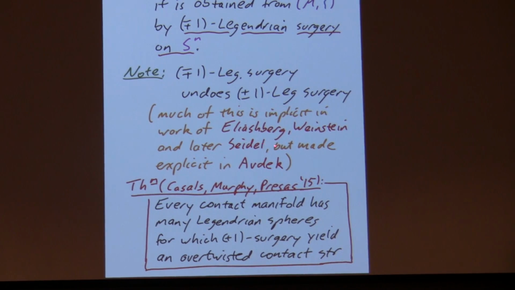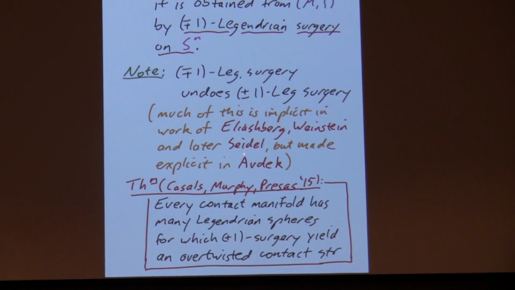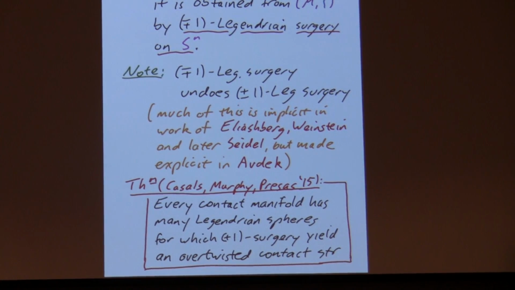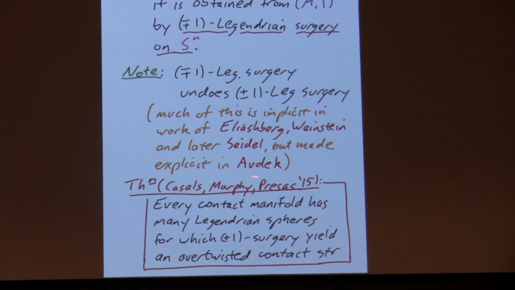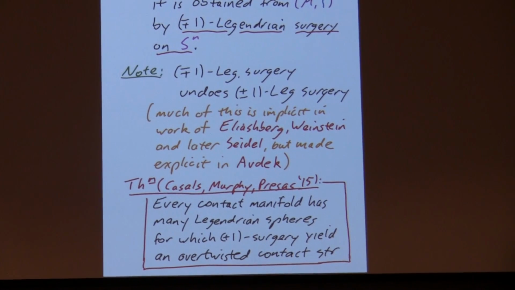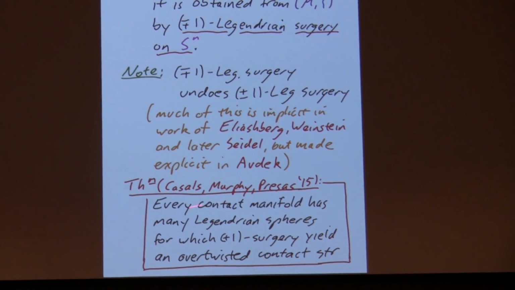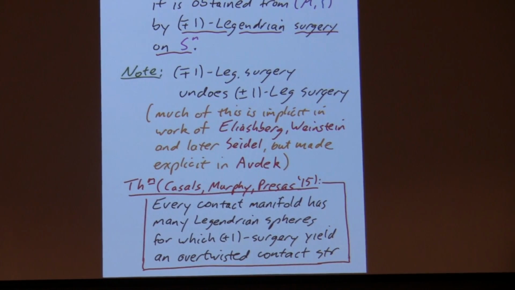Anyway, these surgeries were really implicit in the work of Eliashberg and Weinstein. They were explicitly stated in Seidel, and then really explicitly studied more extensively, especially the +1 surgeries, in Avdek's work. And then we have this very nice result that we're going to need to make use of.